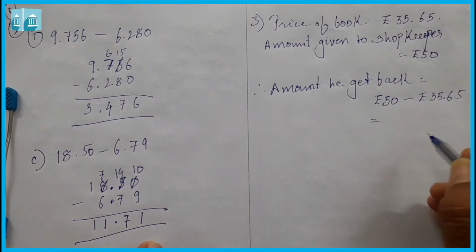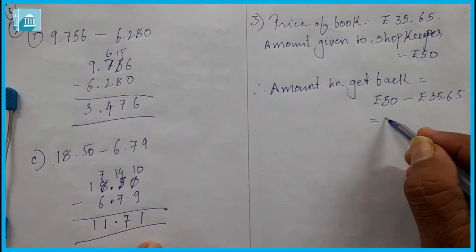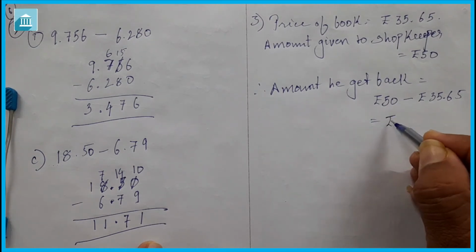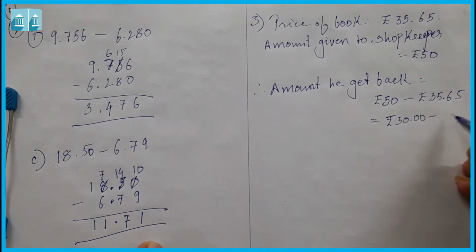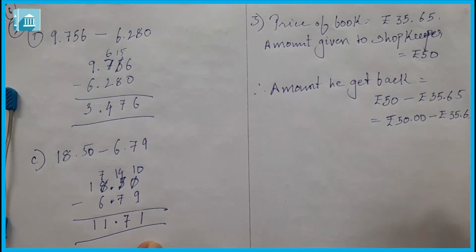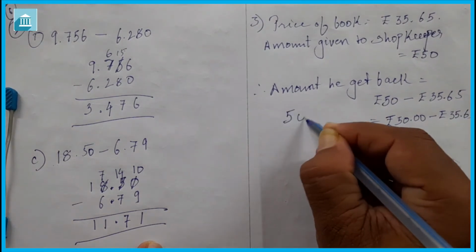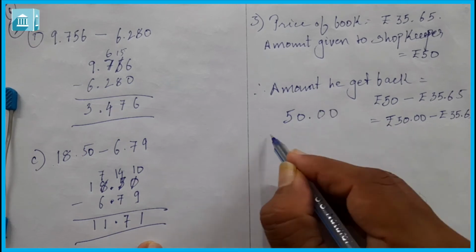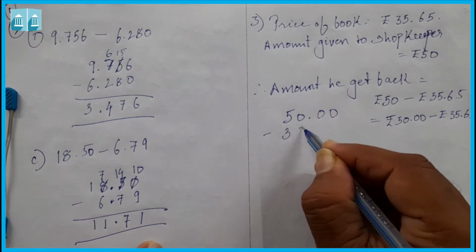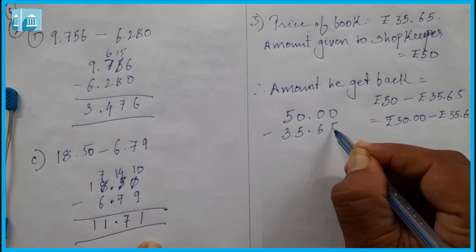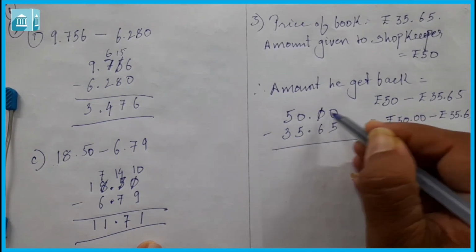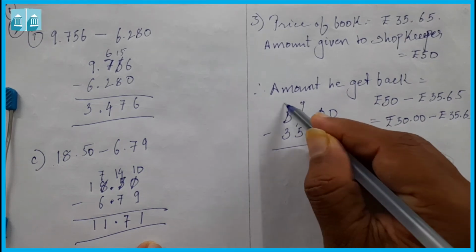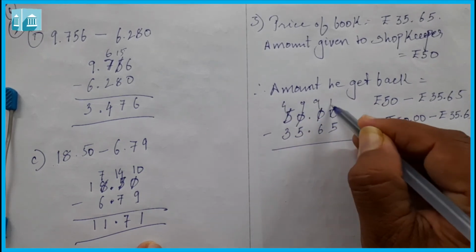Now we can write it in decimal, so we can write here amount rupees 50.00 minus rupees 35.65. Now let us do it. 50.00 minus 35.65.